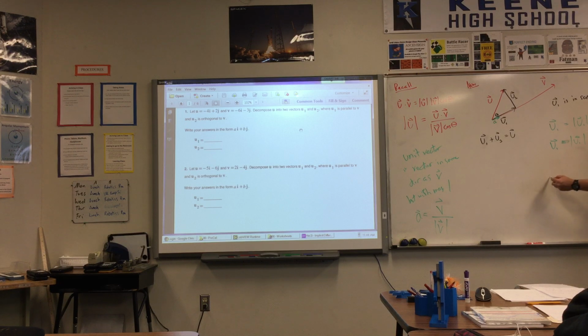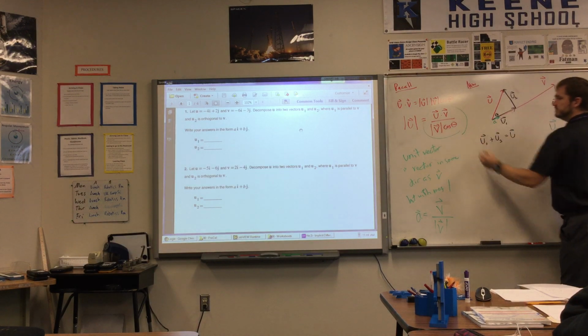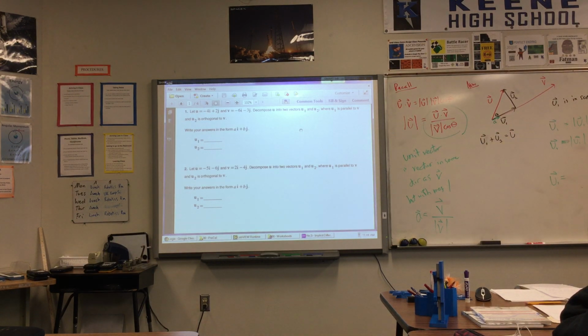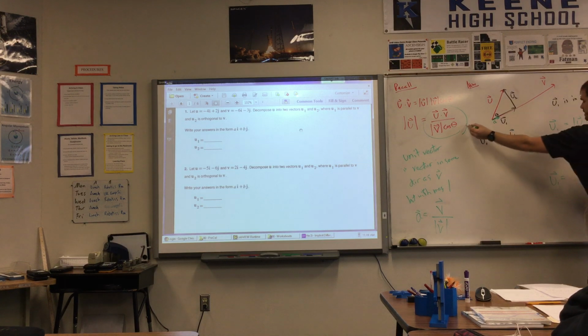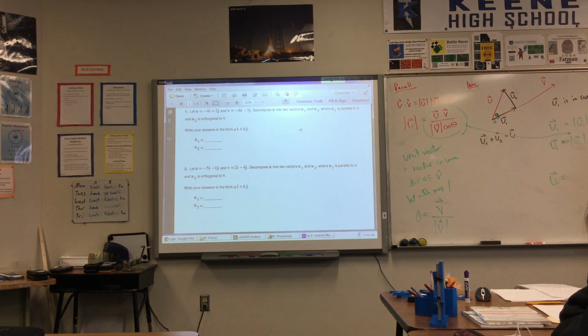Now, we're building a case here. I am now going to take what I had over here, u dot v divided by magnitude of v, cosine theta, and substitute it in for the magnitude of u1.